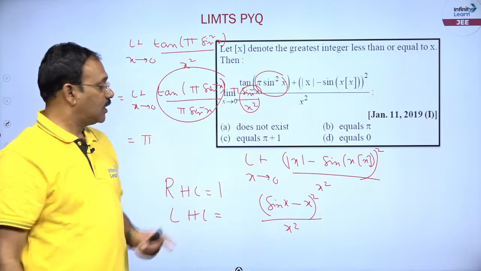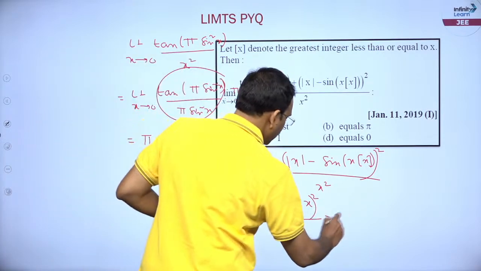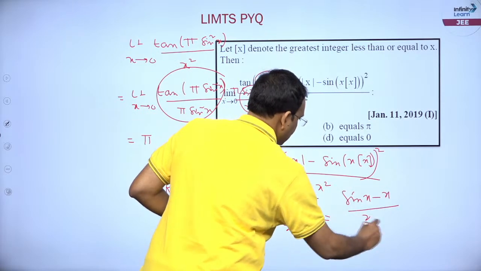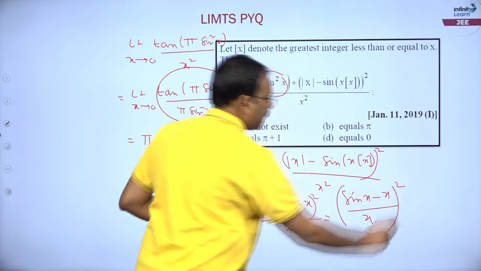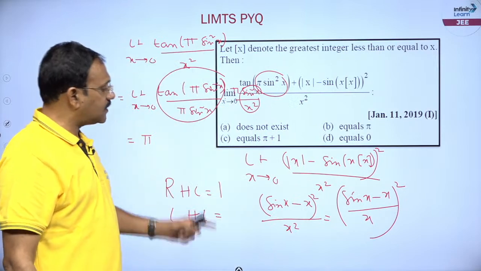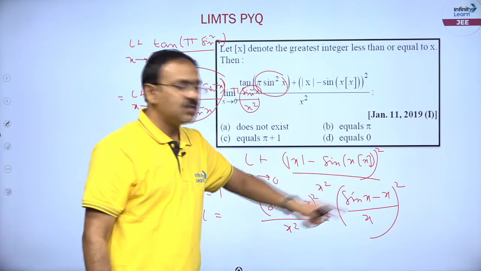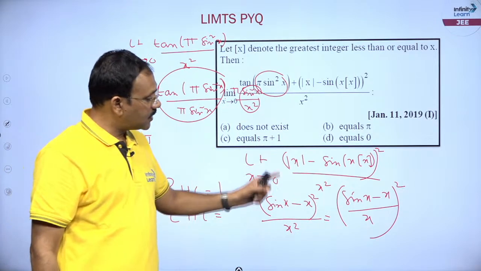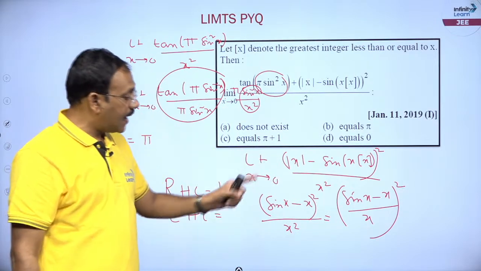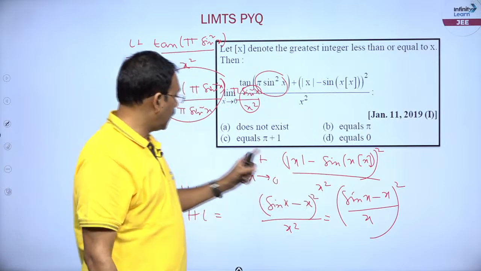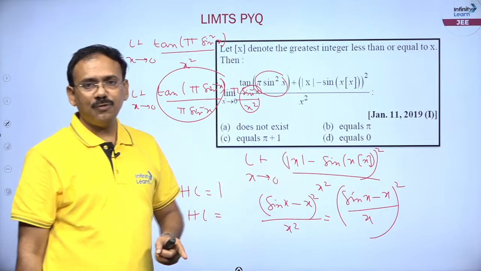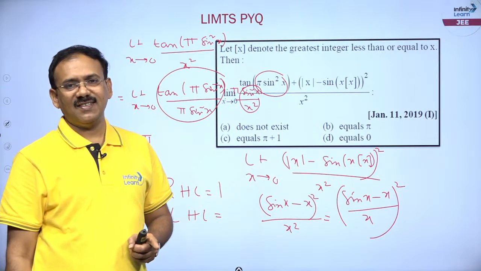This is the one. So, I can say the limit is going to be sin x minus x by x, whole square. As x tends to 0, this is 0 by 0, you just apply L'Hospital's rule: cos x minus 1 by 1. As x tends to 0, 1 minus 1 goes to 0.